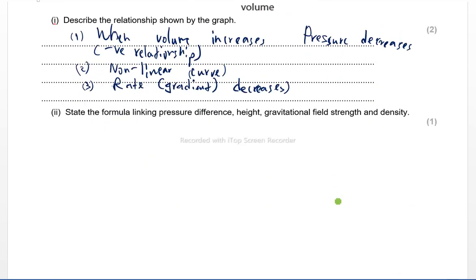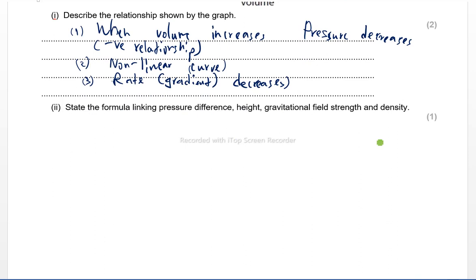State the formula linking pressure difference, height, gravitational field strength and density. That's a very easy question. I can write the equation as delta P is equal to delta h rho g. To say the correct equation, it's not pressure, children, it's pressure difference. It's not height, it is change in height.